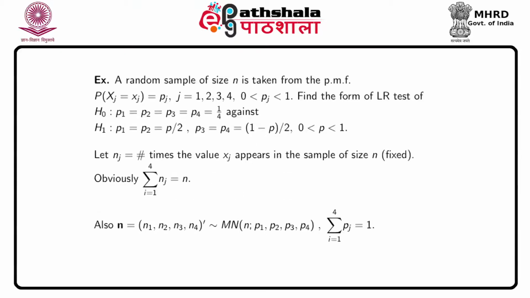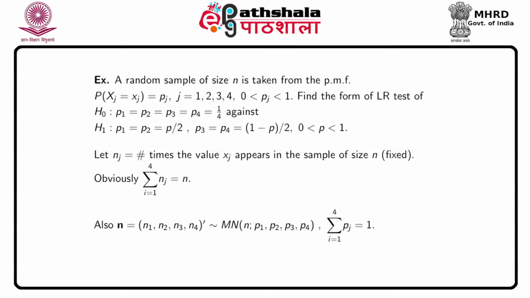Consider the next example. Suppose a random sample of size n is taken from the PMF which says the probability that the random variable Xj equals small xj is pj for all j equal to 1, 2, 3, 4, where pj strictly lies between 0 and 1.